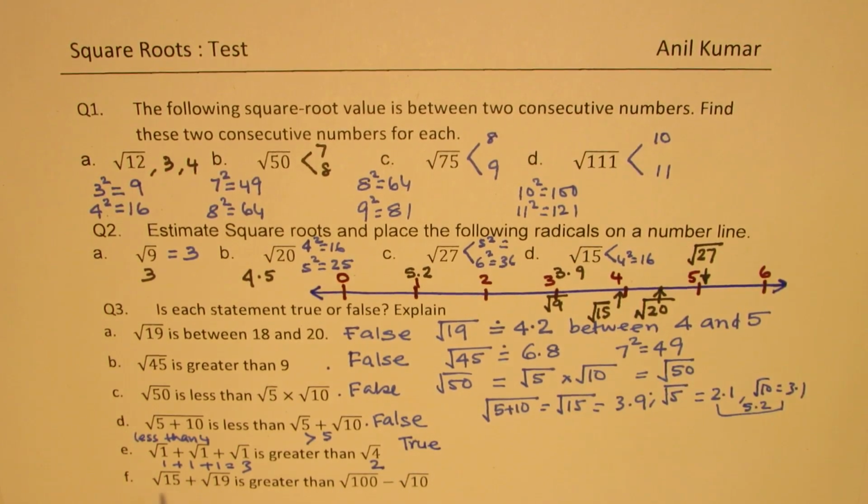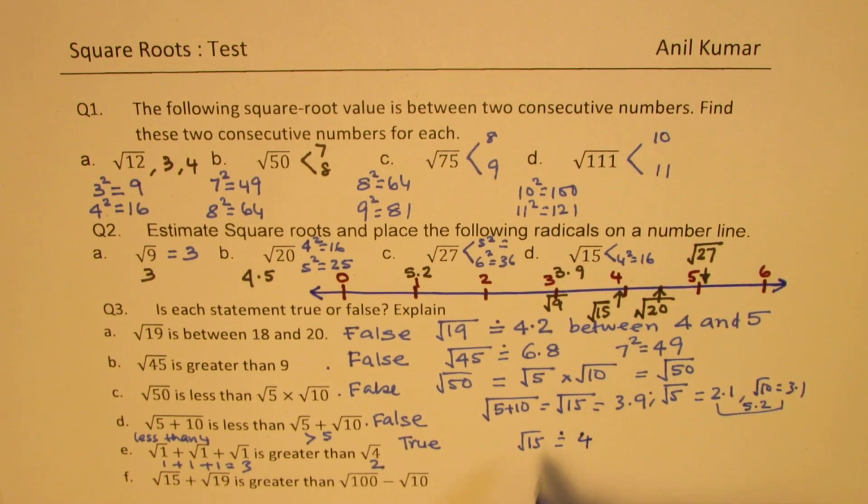Perfect? The last one here is square root of 15 plus square root of 19 is greater than square root of 100 minus square root of 10. Let's estimate. Square root of 15 is less than 4, so we can say approximately 4. We'll just round.